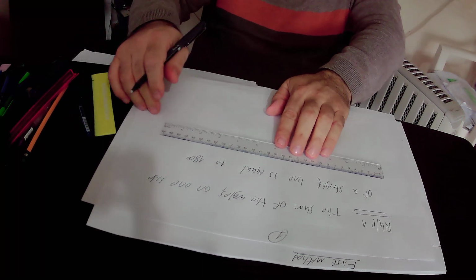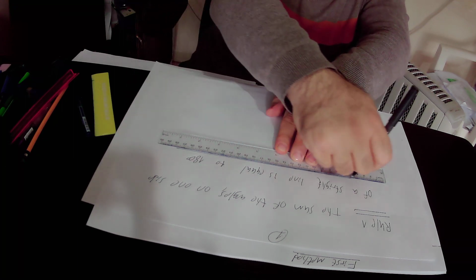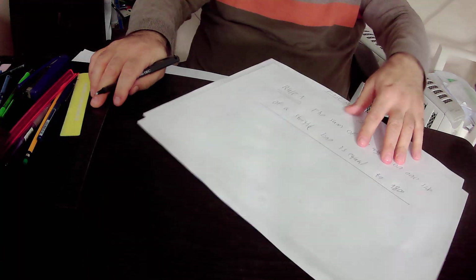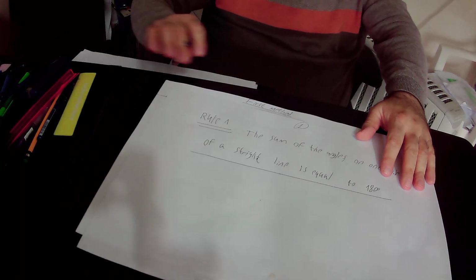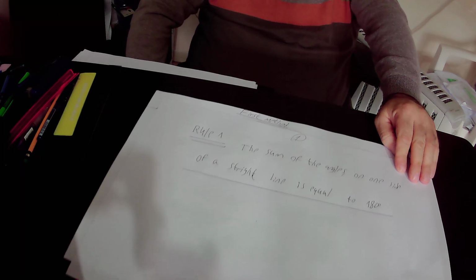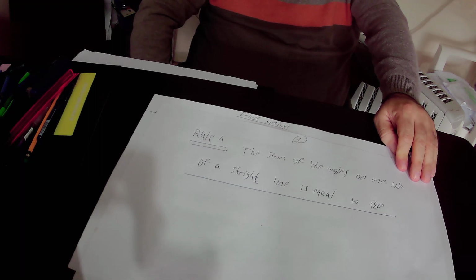So I will read again rule number 1: the sum of the angles on one side of a straight line is equal to 180 degrees.